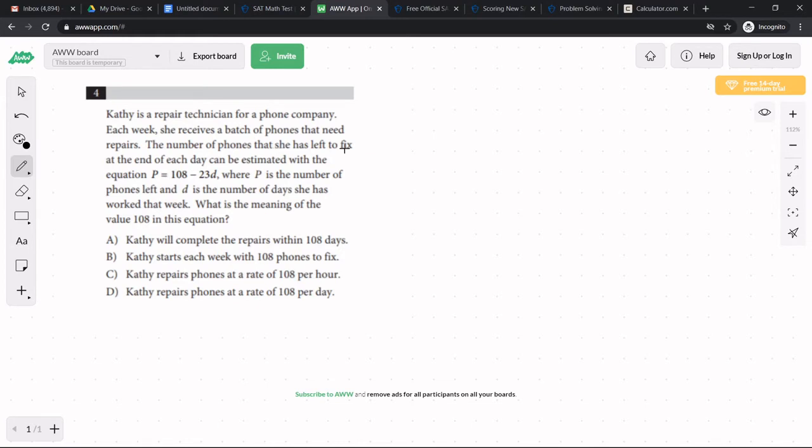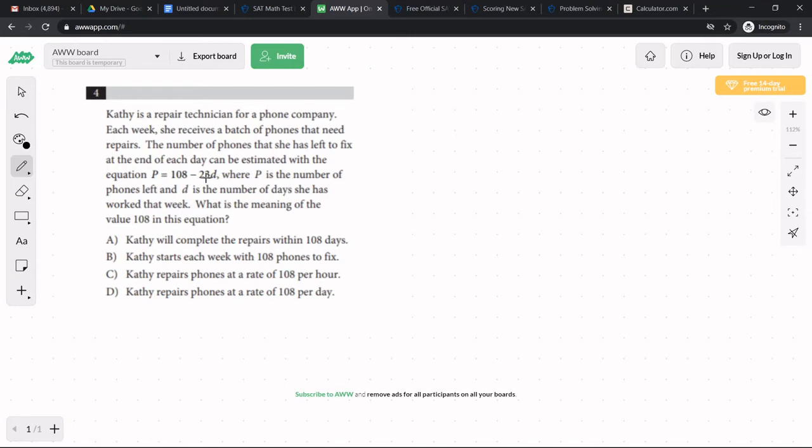Okay, so the number of phones she has left to fix goes down with each day. So if we just look at this equation a little bit and we understand what's going on here, she's a repair technician. Each week she receives a certain number of phones, right? That number of phones is somewhere in this equation.